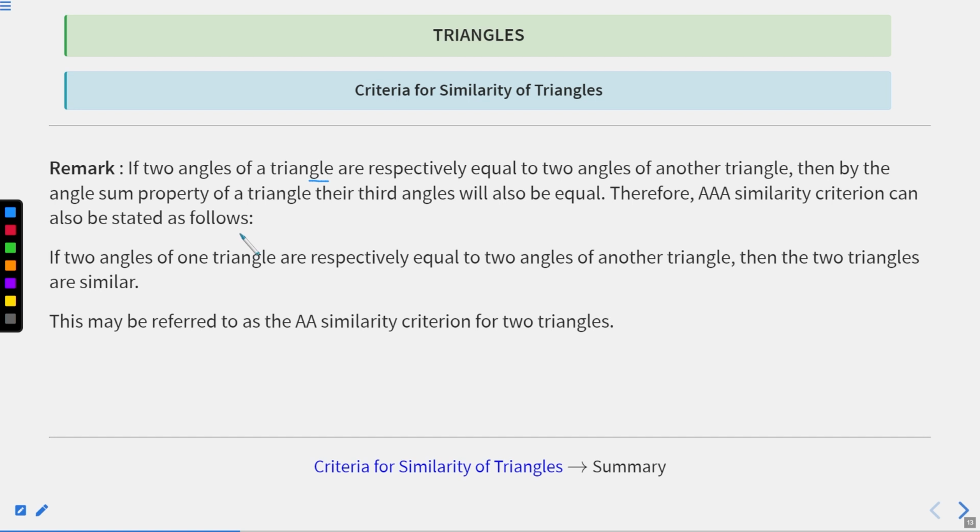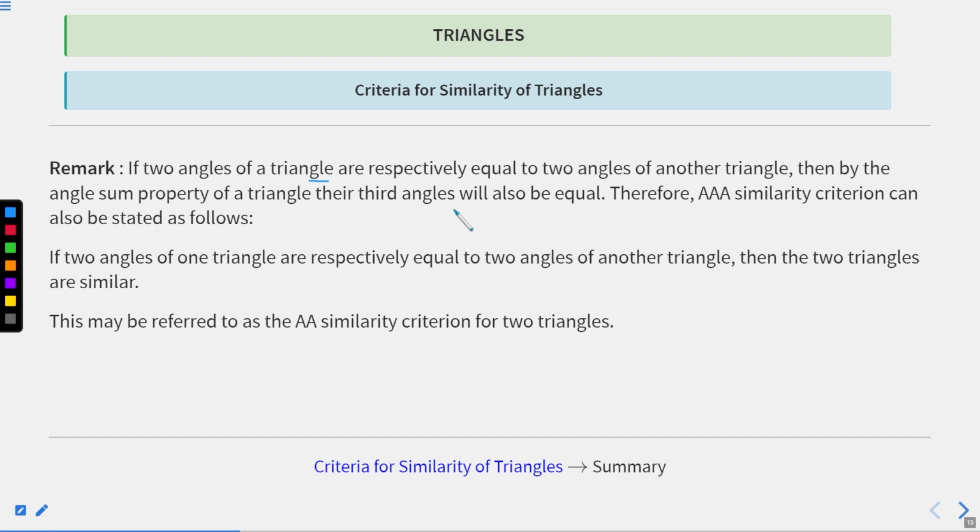You have already studied the angle sum property of a triangle in class 9. So if two angles of a triangle are respectively equal to two angles of another triangle, then by the angle sum property of a triangle, their third angles will also be equal.